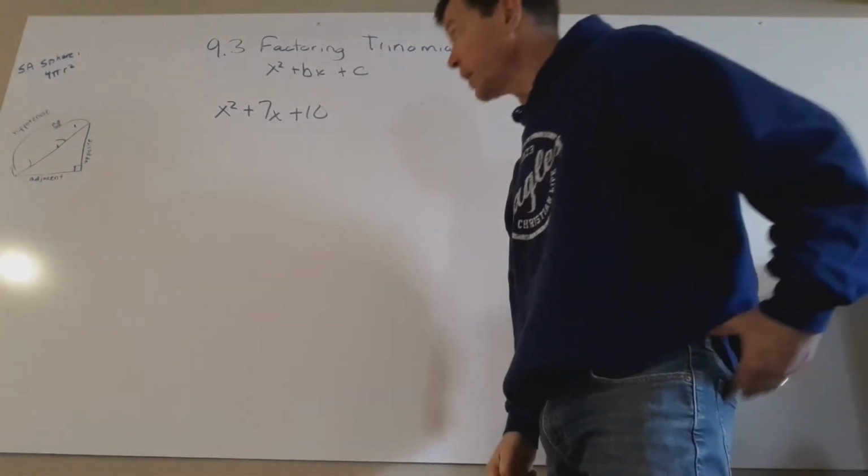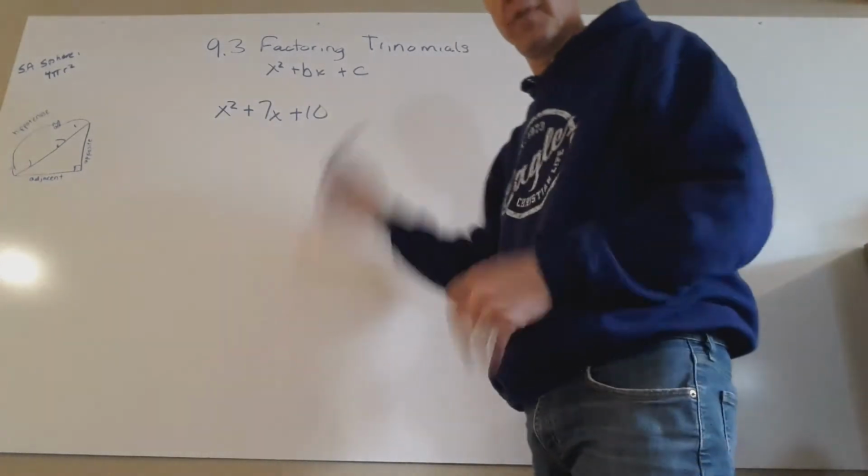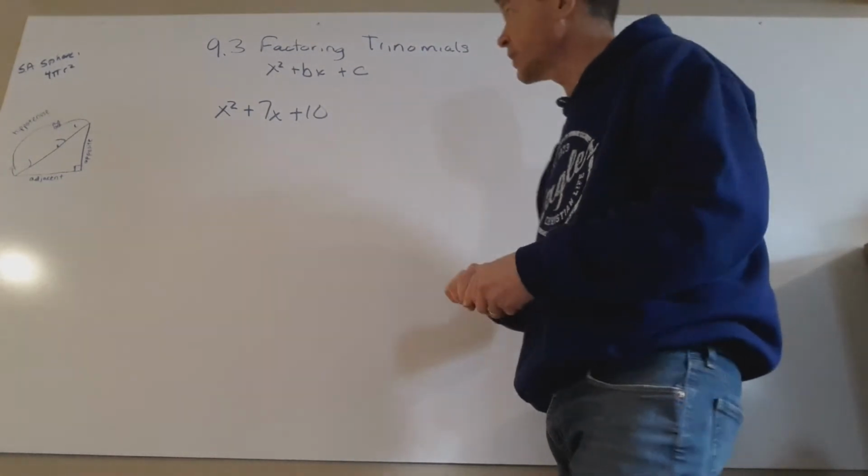We will get to those later in the week. But for these that have no number, it's some very, very simple steps. Just follow along and we'll go through how to factor this.